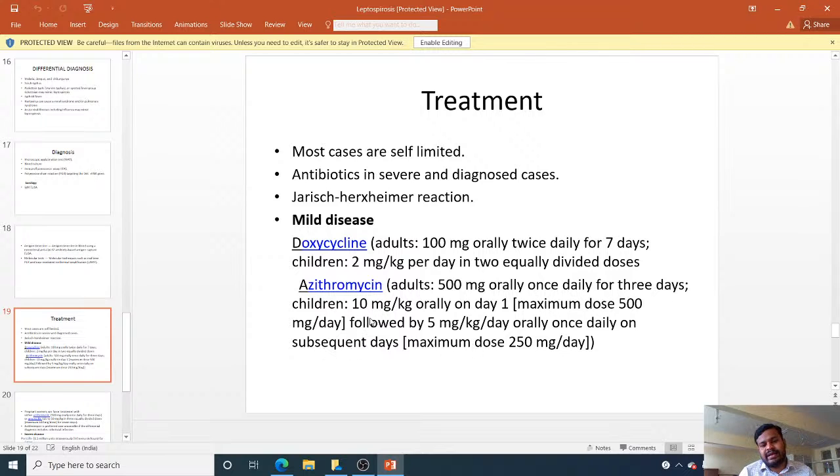In children, 10 milligrams per kg orally on day 1, followed by 5 milligrams per kg orally once daily for subsequent days. So this is how you give azithromycin in children, and in adults, 500 milligrams orally once daily for 3 days, and doxycycline is 100 milligrams orally twice daily for 7 days.